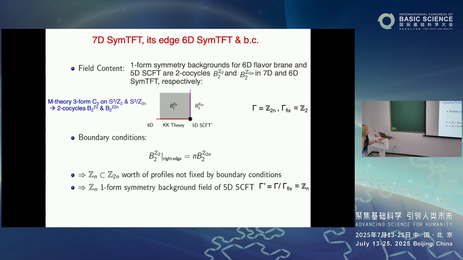So we have boundary conditions on the right edge that force these bulk one-form symmetry fields to be subject to these boundary conditions. So we don't have the whole set of Z2N one-form fields in the defect field theory, but these boundary conditions really fix N of them.